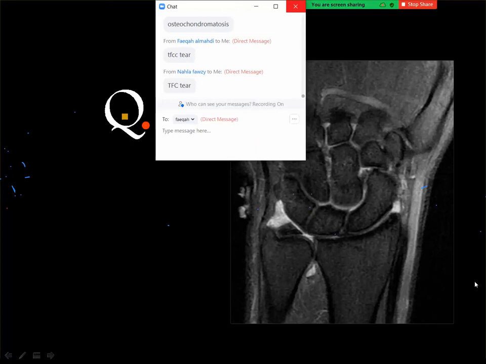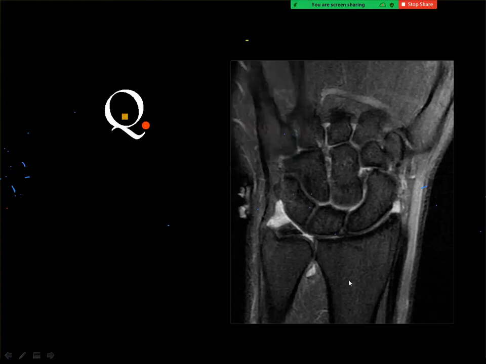TFC tear, Nahla said, and most of you answered the case correctly, and you got a defect in the fibrocartilage along its attachment to the radius, with consequent leakage of fluid from the radiocarpal and radioulnar joint into this space, which is the distal radioulnar joint.